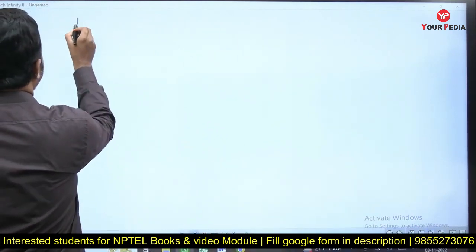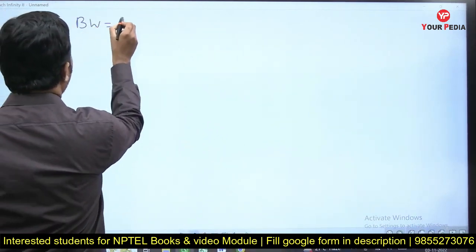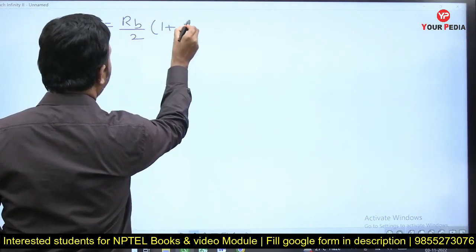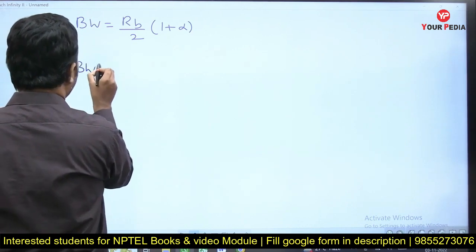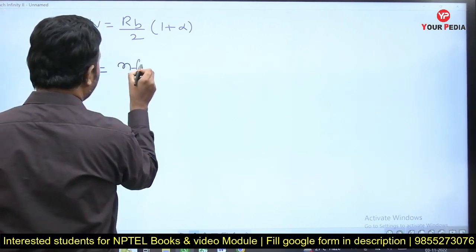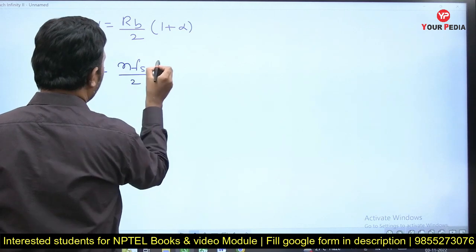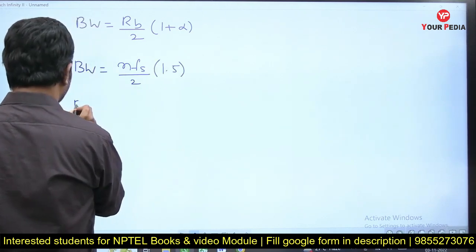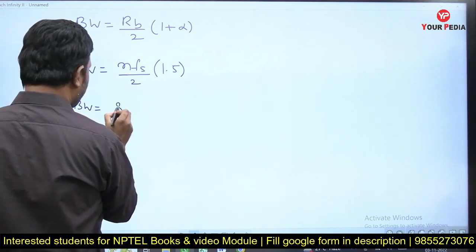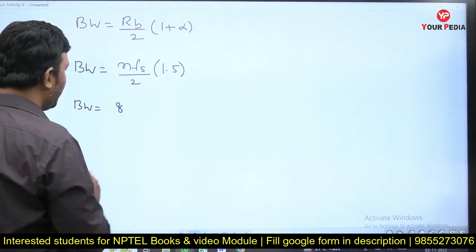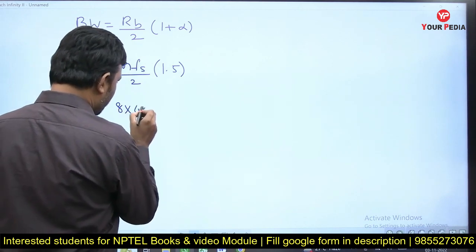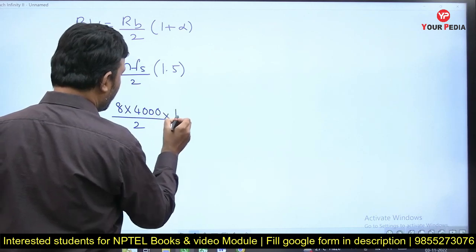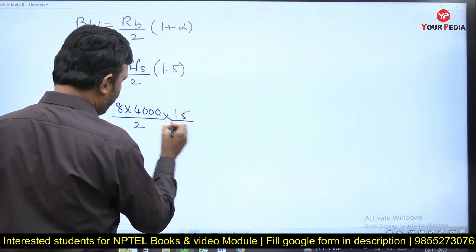Bandwidth is equal to Rb by 2 into 1 plus alpha. Rb is equal to n times Fs, and 1 plus alpha is 1.5. So bandwidth is equal to n, which is 8, the number of bits, times Fs, which is 4 kilohertz, 4000, by 2 into 15 by 10.